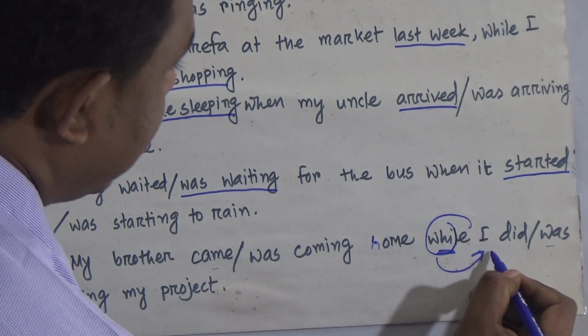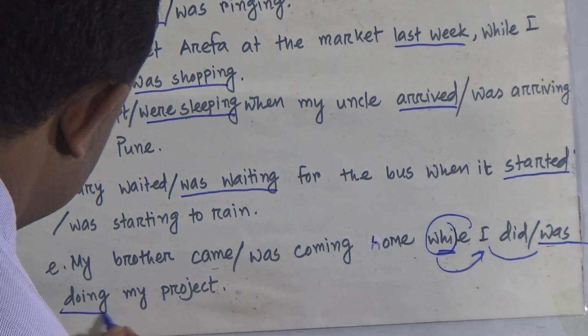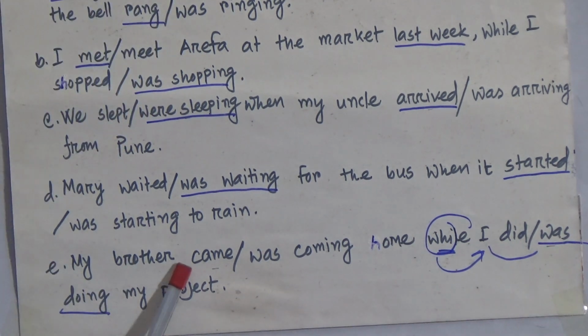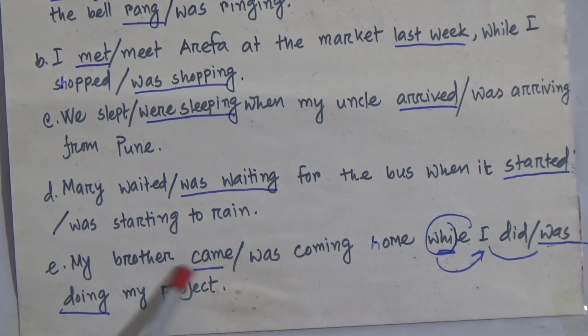So I is singular, so a singular subject will take a singular verb, was doing, and my brother came. So the answer will be my brother came home while I was doing my project.